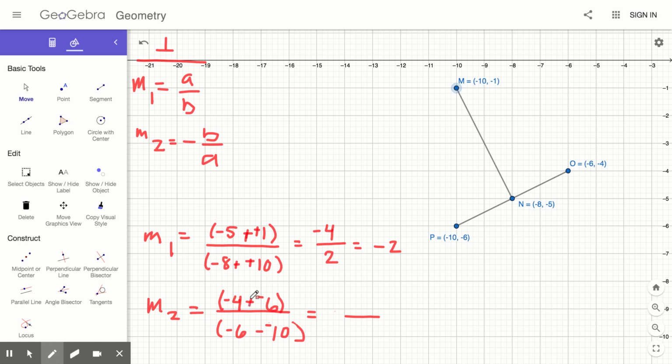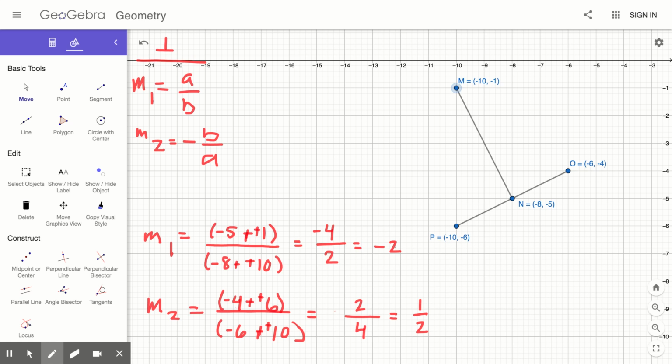And so these two numbers become positive. Negative 4 plus a positive 6 will give us a positive 2. Negative 6 plus a positive 10 will give us a positive 4. And indeed, what we have is 1/2. 1/2 is the negative reciprocal of 2. So these two lines are indeed perpendicular.